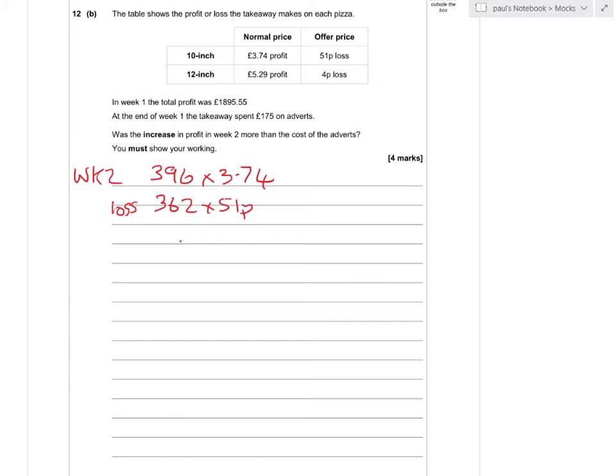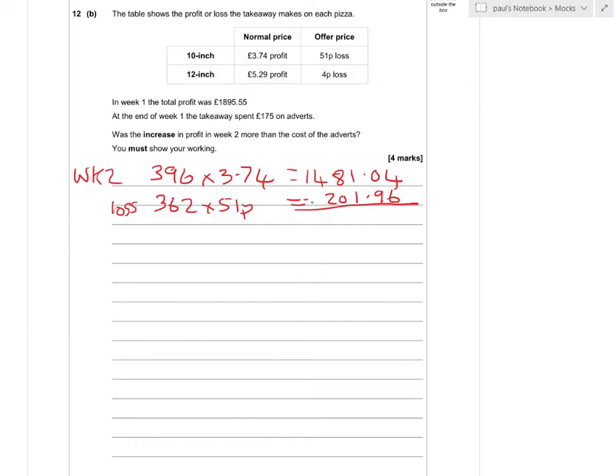So let's do that. 396 times £3.74. So we made 1481.04 of that. And we did 396 times 0.51. I'll keep it in pounds. So we lost 201.96 on the special offers.